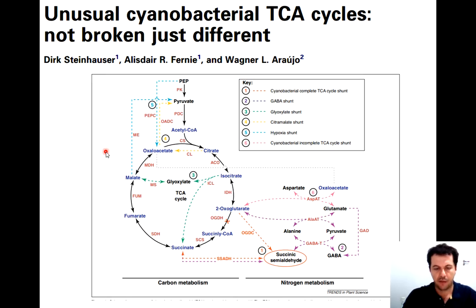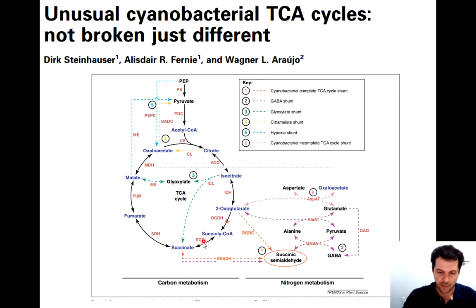And actually, talking about different ways that the TCA cycle can occur, I recommend you check this paper. It's a review about how the TCA cycle can be found in different organisms. And here is specifically, not specifically cyanobacteria, but you have many organisms here. So the conventional TCA cycle is this, okay?